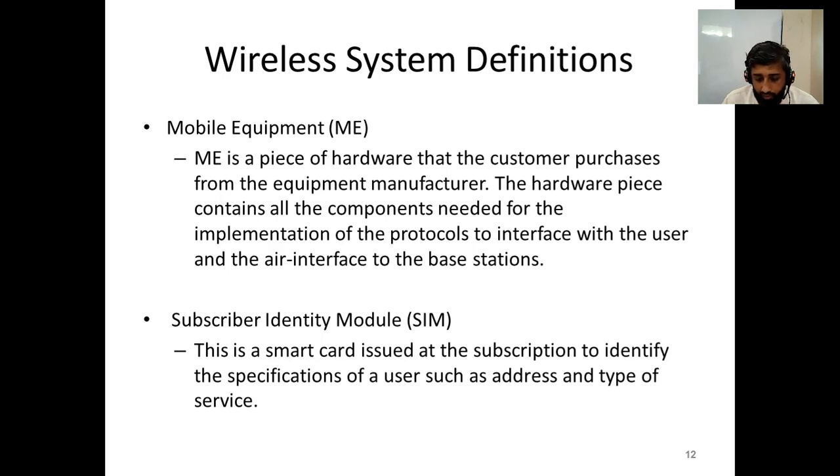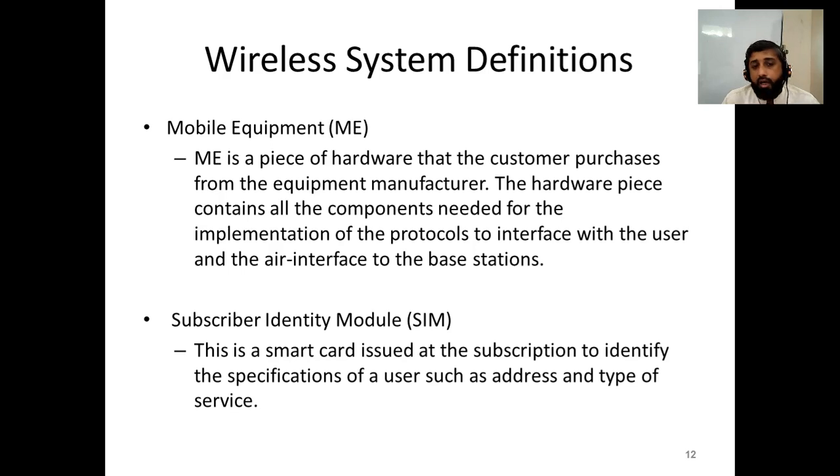So if you go and buy services from any company, for example, if you are interested in buying services from Ufone, you have to buy a SIM card from the Ufone outlet, so that you can get services from that particular SIM card.